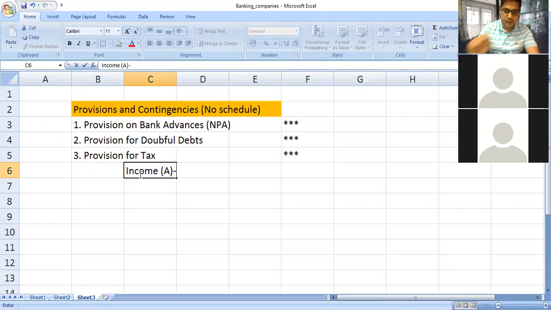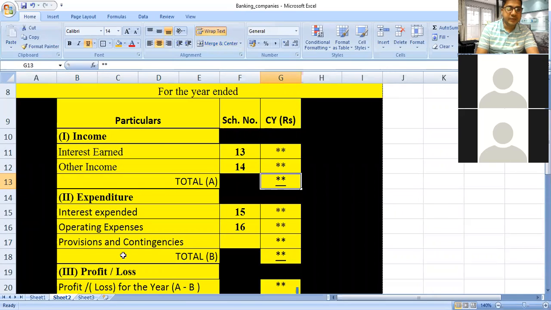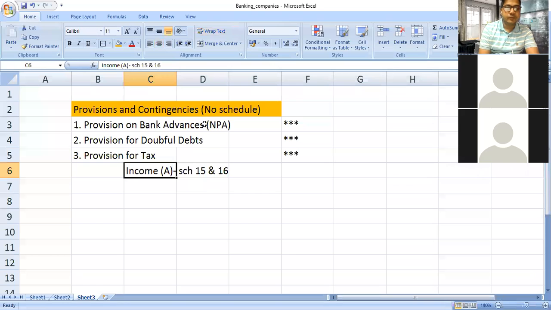From this income, we have to deduct schedule 15 and schedule 16. Schedule 15 belongs to interest expended, and schedule 16 belongs to operating expenses. These we deduct from the income total.